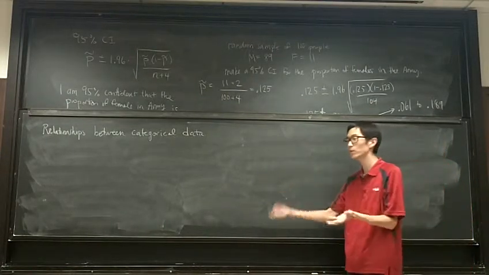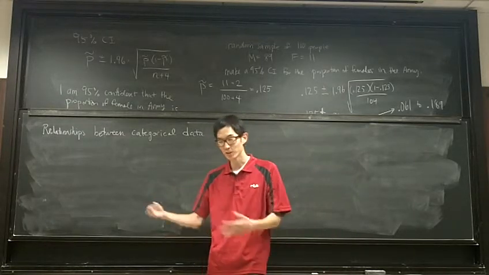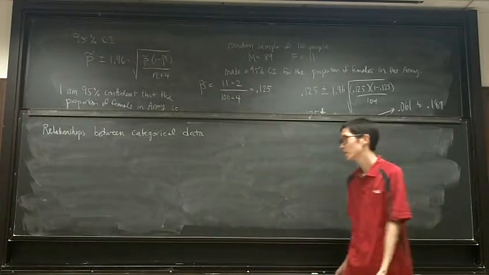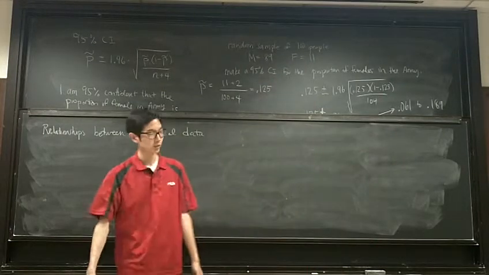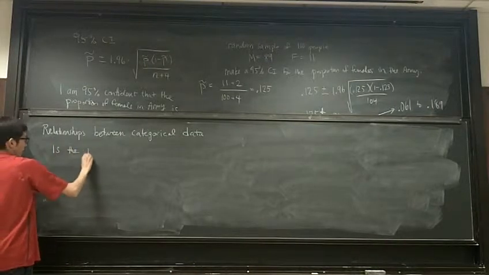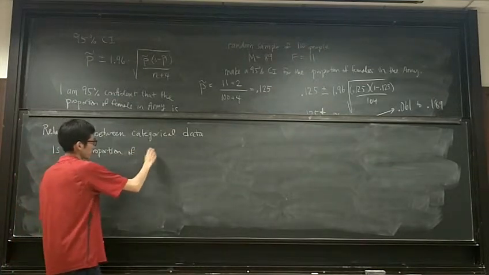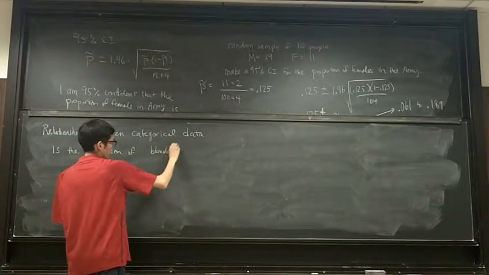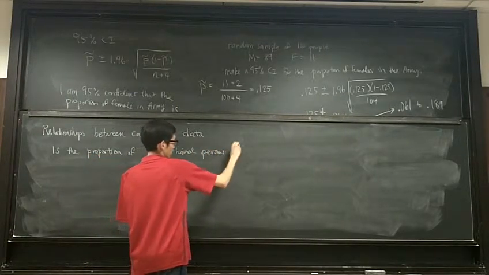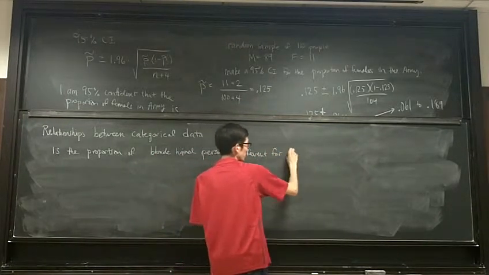Okay, so we've got categorical variables, so we've got basically two groups, and within each of those groups there's another category, and we're saying, is the proportion the same or different? The proportion of whatever, okay? So we could say the proportion of blonde-haired persons different for men and women.